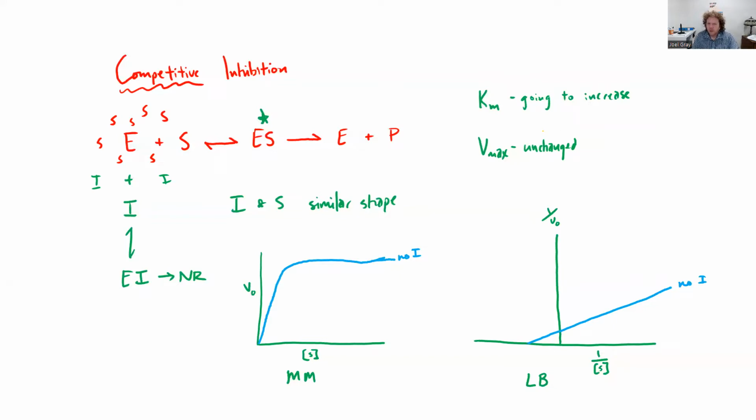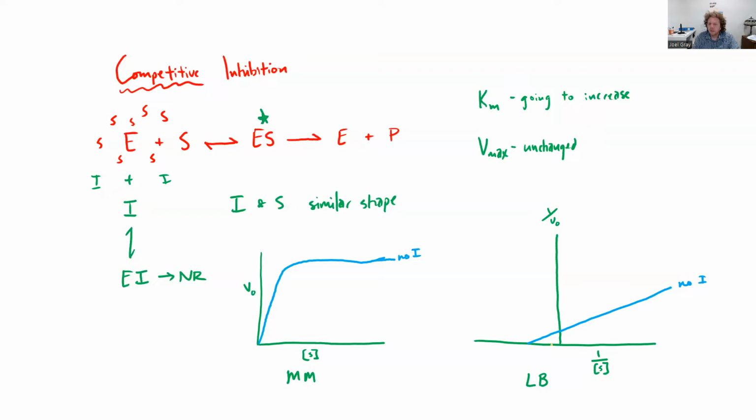Let's think about our parameters. When we talk about a Lineweaver-Burk plot, the y-intercept is 1 over Vmax. My Vmax is unchanged, so my y-intercept is going to remain the same. What is going to change and increase is my Km. But remember, our x-axis is where we find our Km, and it's the inverse.